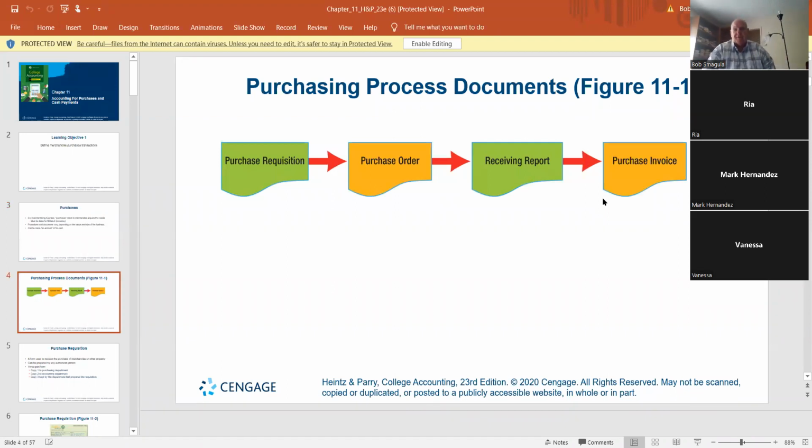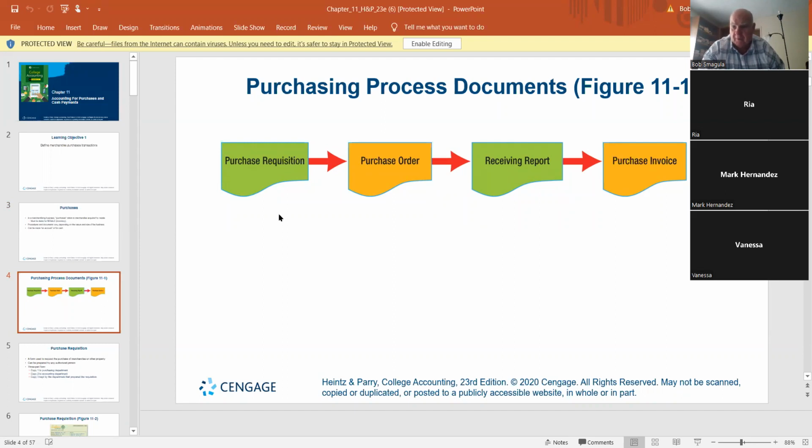Purchases. Remember in the chapter before, we briefly went over some of the forms. We saw a sales order, we saw a purchase order coming from another company and an invoice eventually. Here, we have a different flow. We have something called a purchase requisition. A purchase requisition is simply an employee asking his boss to buy something for him or her.